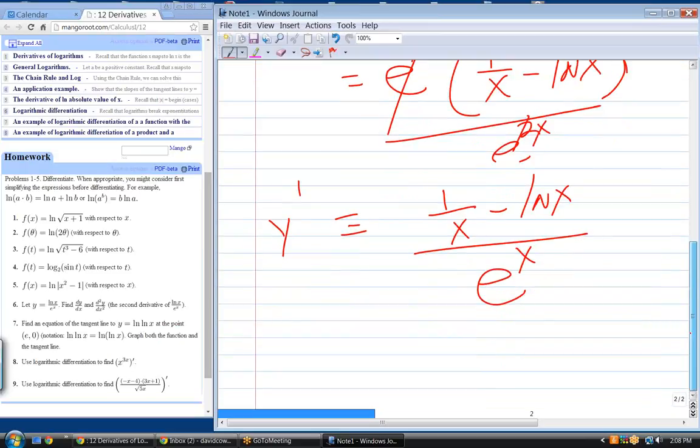And we can simplify that a little bit by finding a common denominator on the top, and we probably should do that, because otherwise it's going to be difficult to take the second derivative unless we simplify this a little bit. Okay, so what's the top simplify to? We got 1 over x minus, how do I find a common denominator?